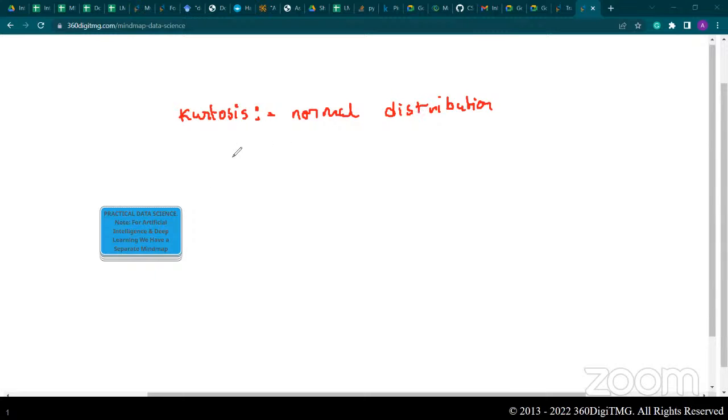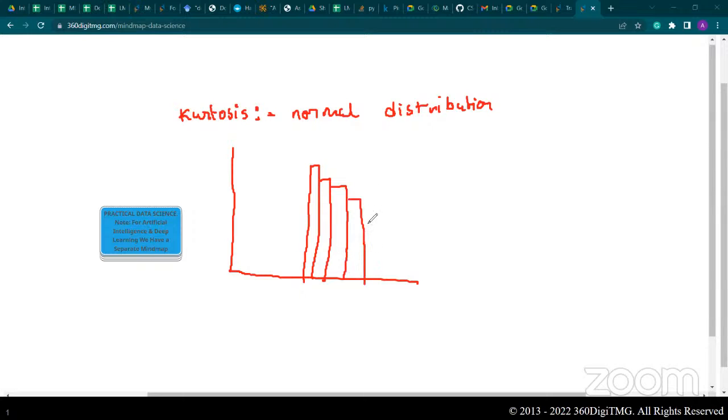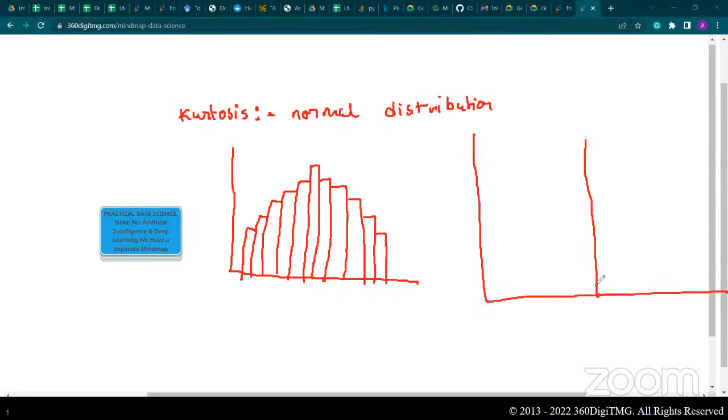So let's take 2 examples here. Let's take this as a histogram, and this is another histogram that we have. We have 2 histograms here, so we'll measure for both of them.